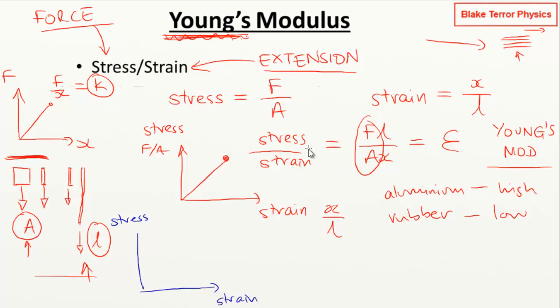So if you've got a material which is perfectly Hookean and it's got this straight line period here inside the region of elastic deformation, then any point along this line, if you take the ratio of stress to strain, is going to give you Young's modulus. We will use the gradient to work out Young's modulus because it's a way of averaging essentially multiple values. You're not going to get perfect measurements, the material and its particular dimensions are not going to behave perfectly either.